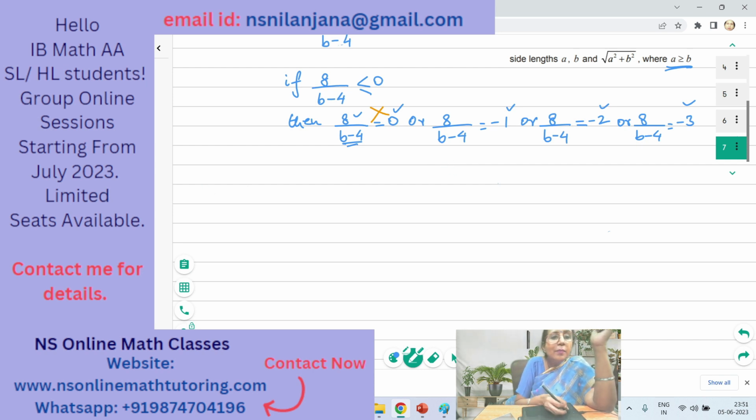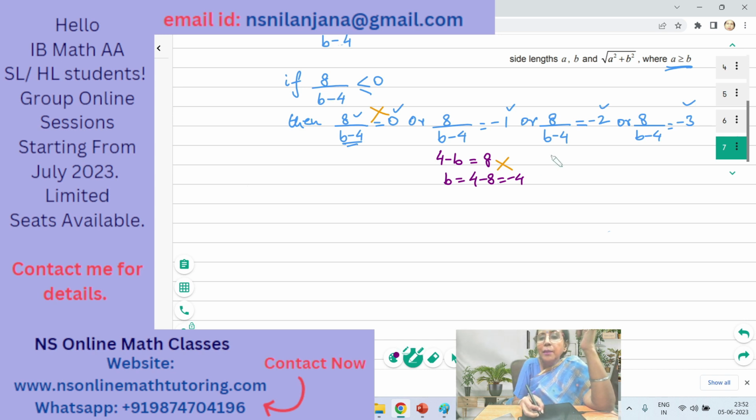So this means that 4 minus B, (B minus 4) times negative 1 is 4 minus B, is equal to 8, and B is equal to 4 minus 8, which is equal to negative 4. B is also a side length. So we cannot have B to be a negative number. This is also rejected.